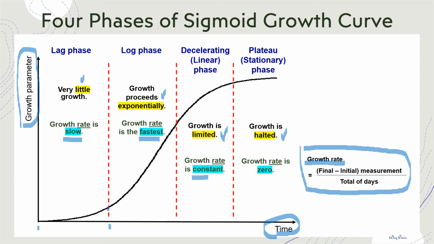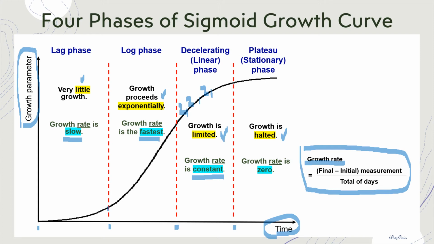menunjukkan growth rate itu sudah jadi constant, iaitu setiap hari, katakan pada tempoh ini, setiap unit masa itu pertambahan dia adalah constant, iaitu tambah 2 cm untuk setiap unit masa saya pergi ukur. Itu maksudnya constant.